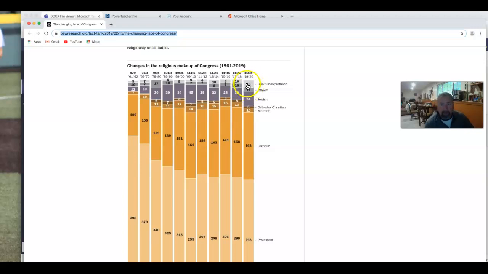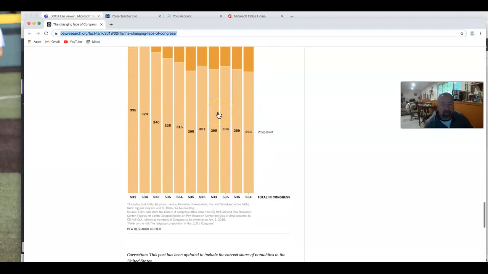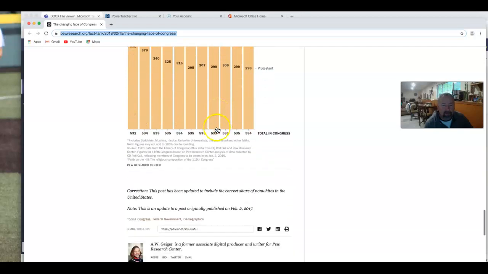So 29 members either saying they're something, and obviously we have a couple Islamic members of Congress that would fit into this one here. Yeah, so that's kind of interesting to look at as far as religion goes.